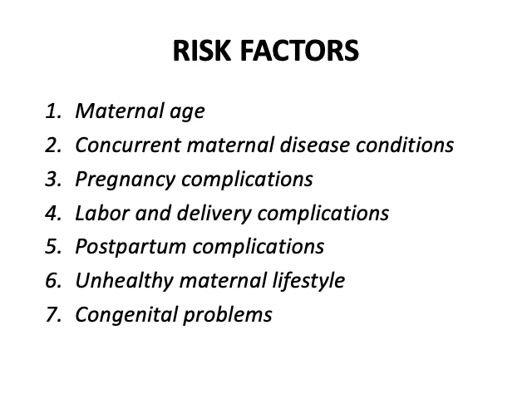Third, fourth, and fifth are our previous topics on pregnancy, labor and delivery, and postpartum complications. All these complications will definitely affect the fetus, and thereby, once born, this newborn may be considered high risk. Number 6 is unhealthy maternal lifestyle.